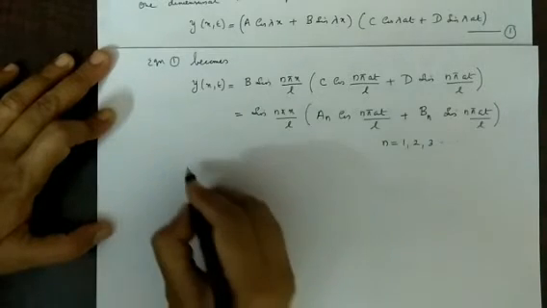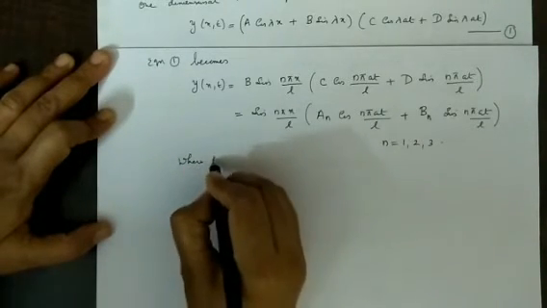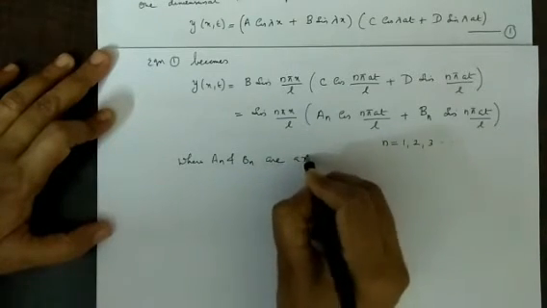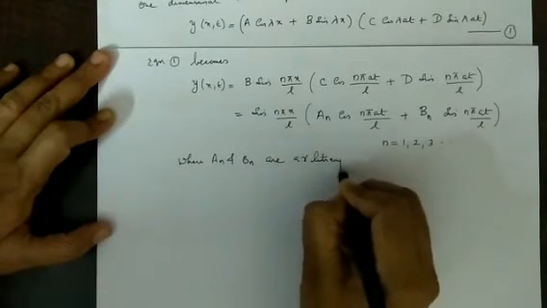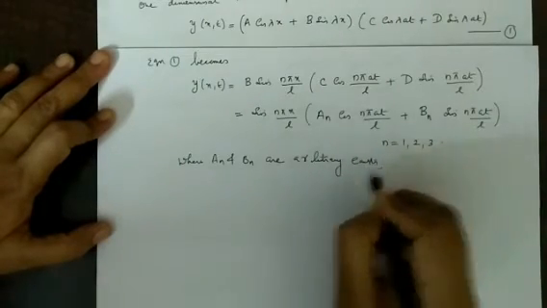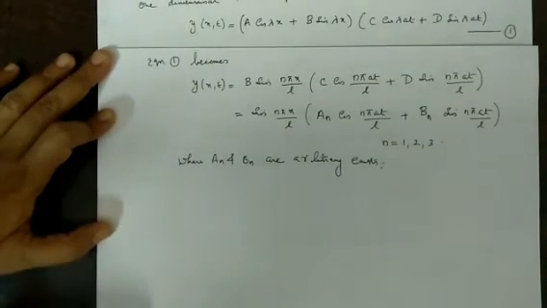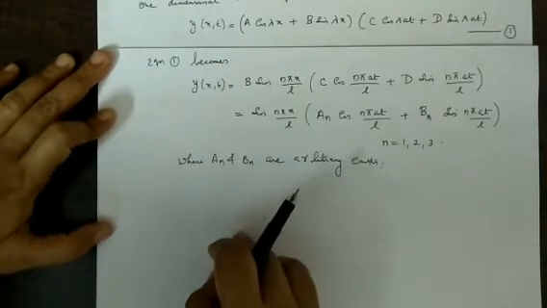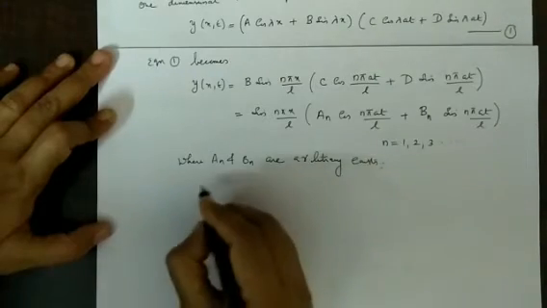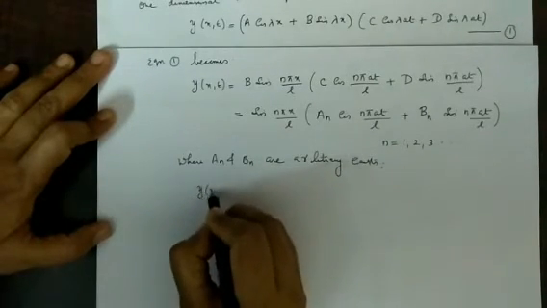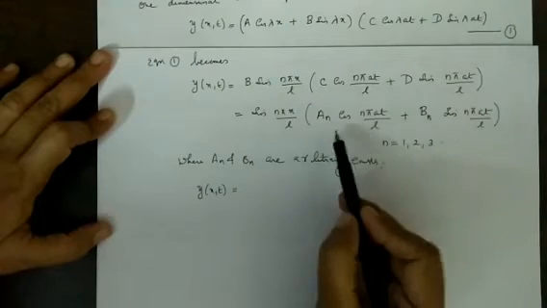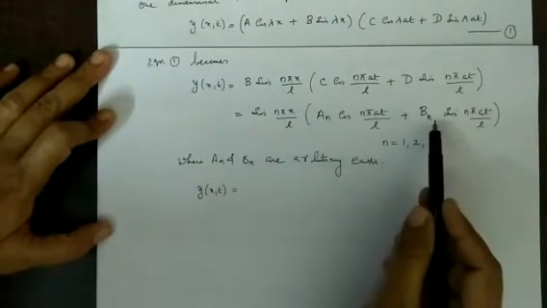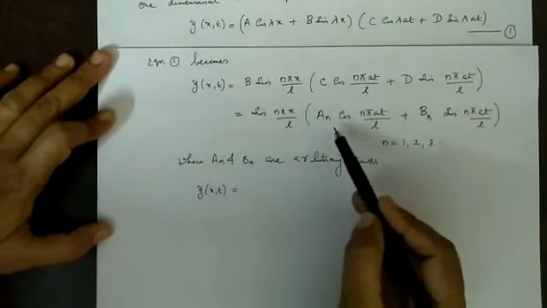Here an and bn are arbitrary constants. Now, different values of n give different solutions. For n equal to 1 we get a1, b1; for n equal to 2 we get a2, b2.